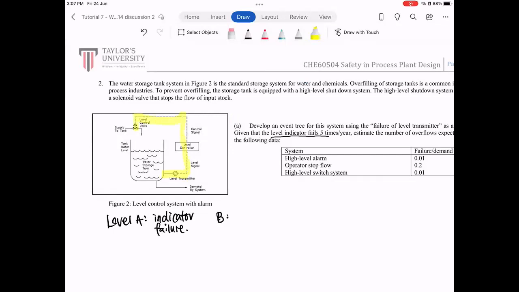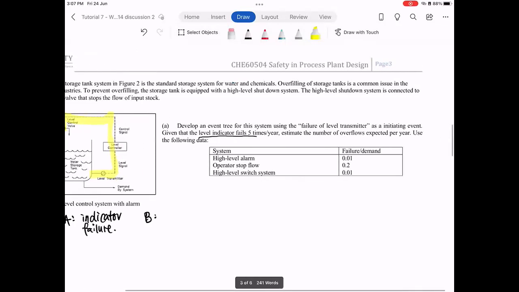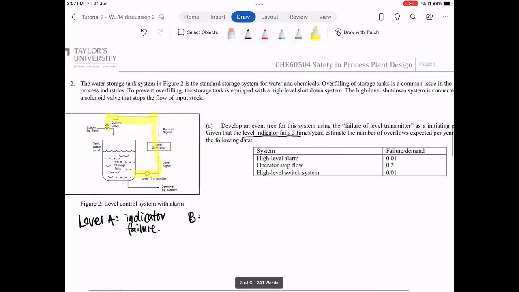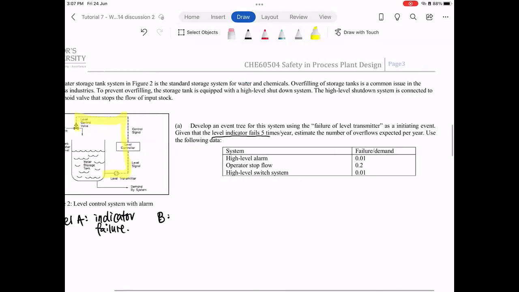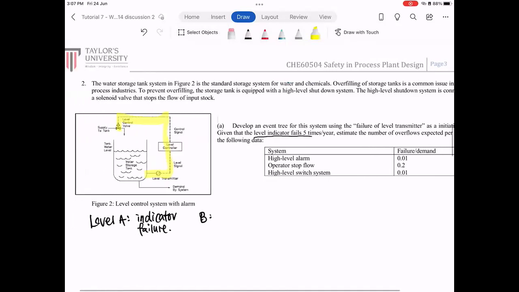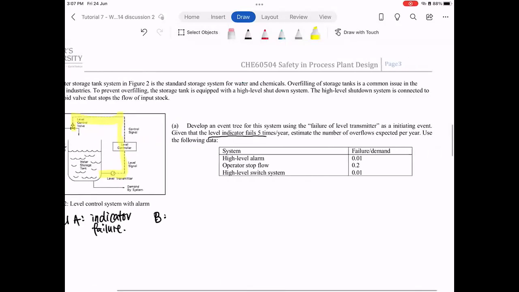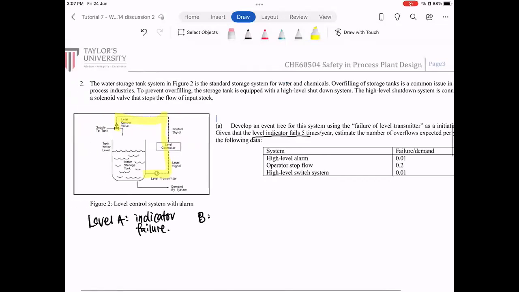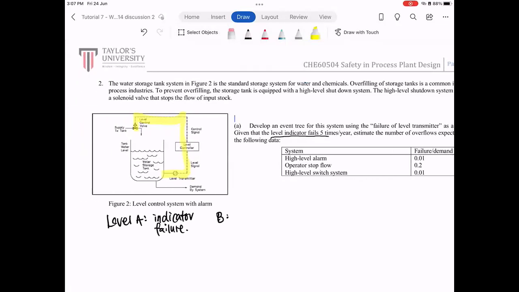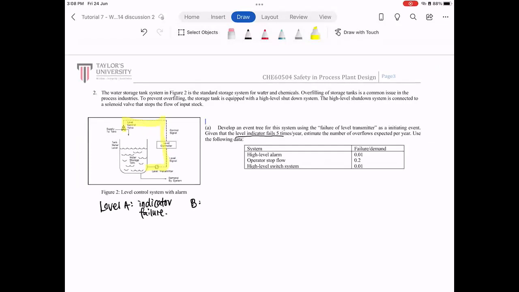Okay, so this is the high-level system. It's connected to this valve. Okay, develop an event tree with the system failure of level transmitter as initiating event. So yep, we are going to do this.